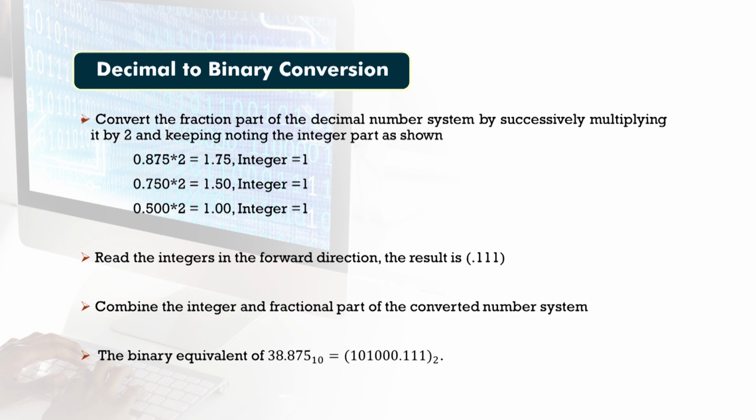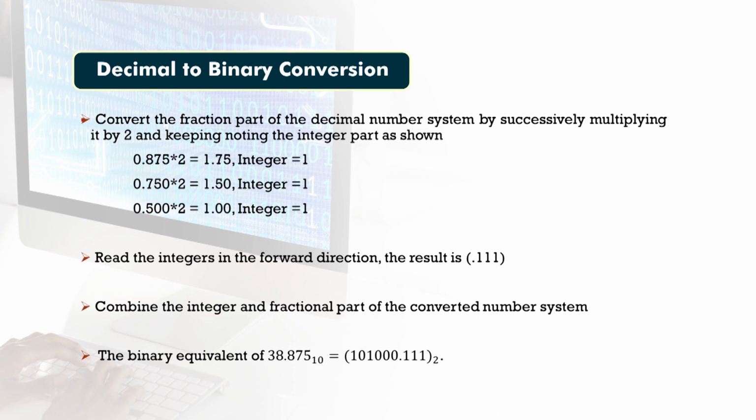So what we are doing, we first multiply it by 2, so we get 1.75. We have got the integer part, that is 1, and we then again multiply the fractional part, that is 0.75, by 2. Now we get 1.50. So we leave the integer part and the fractional part is 0.50.